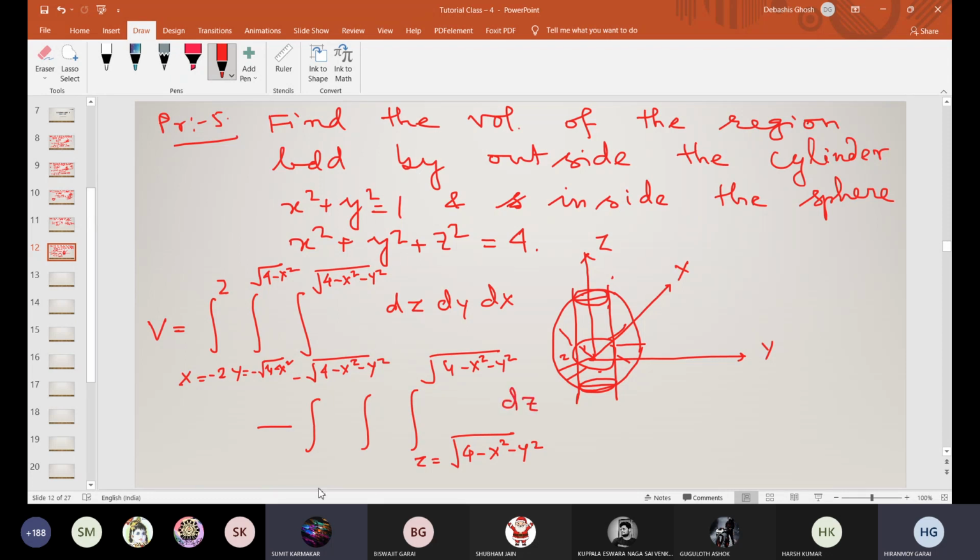Y will be under root of 1 minus x square, and for x it is minus 1 to 1, dy dx. That's the volume we can compute. Then you can find the value. We first sum and subtract it from the total volume of the sphere. We subtract that cylindrical portion.